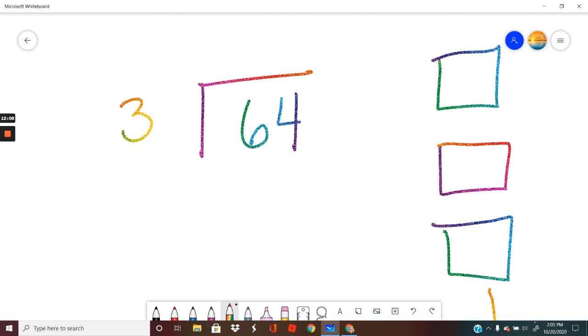Step 1, look at that 6. All right, I have to split 6 evenly into 3 boxes. So I'm going to count it out. 1, 2, 3, 4, 5, 6. It went evenly in, and there is 2 in each box.